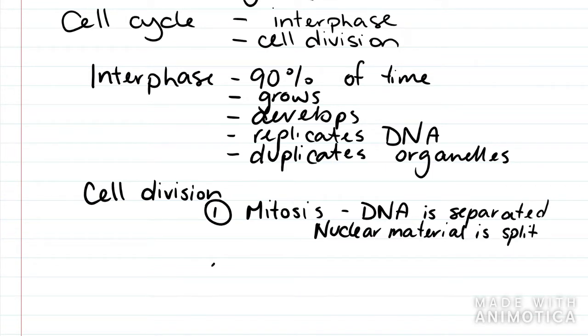The other part is called cytokinesis. And this is when the actual cell divides. This is when the cytoplasm splits in two.